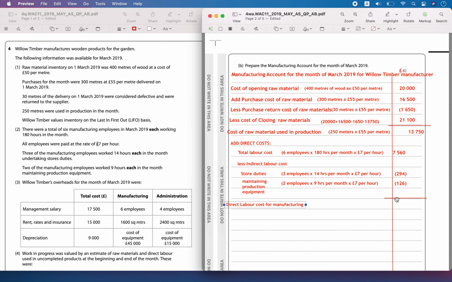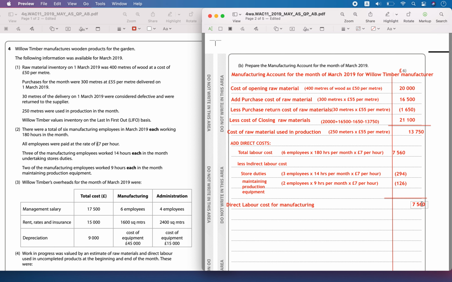Now let's find out what the direct labor cost used in manufacturing is. That is going to be 7560 minus 294 minus 126, which is 7140.